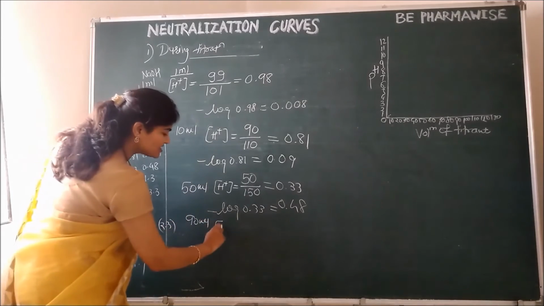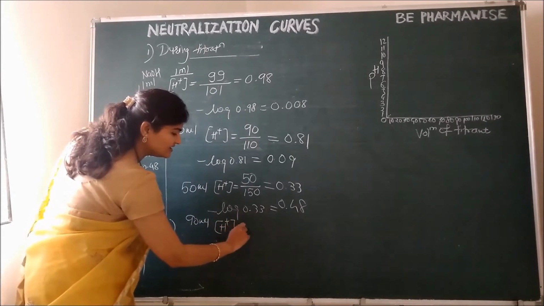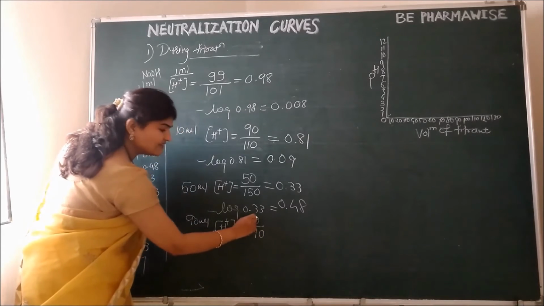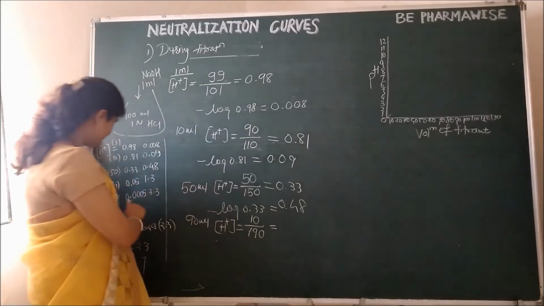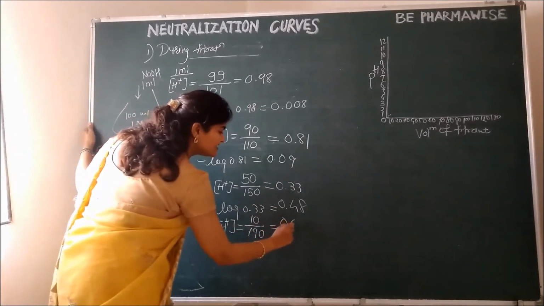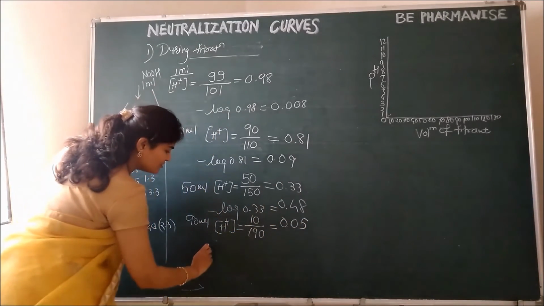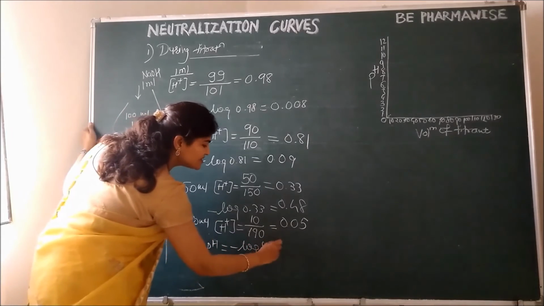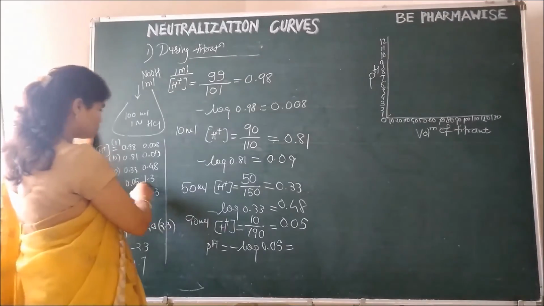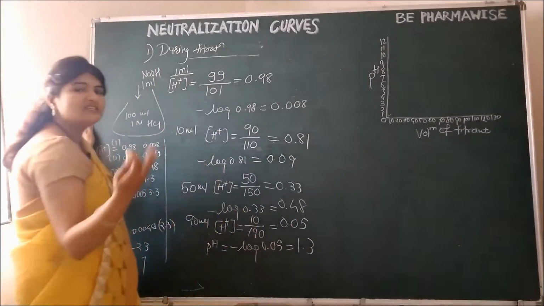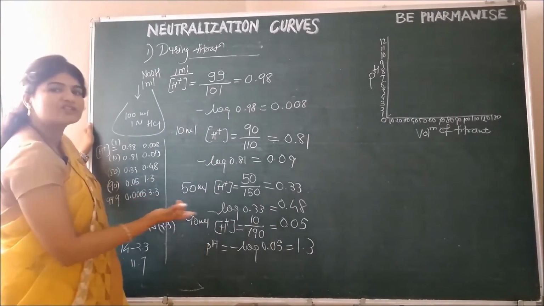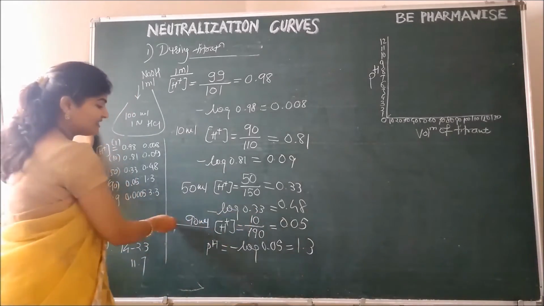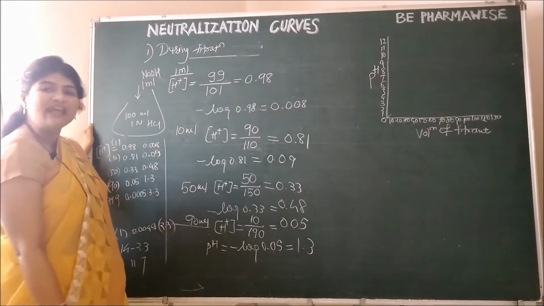For 90 ml, concentration of H plus will be, yes, you guessed it right, 190 total volume, but acid will be only 10. So it comes 0.05. So pH will be negative log of 0.05, which is equal to 1.3. You can easily use calculator log function to calculate the values. So 1.3 is the pH when 90 ml of NaOH has been added.